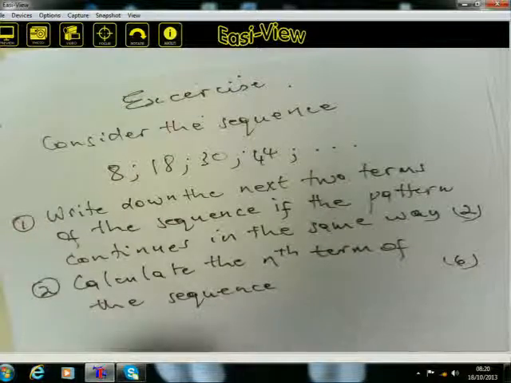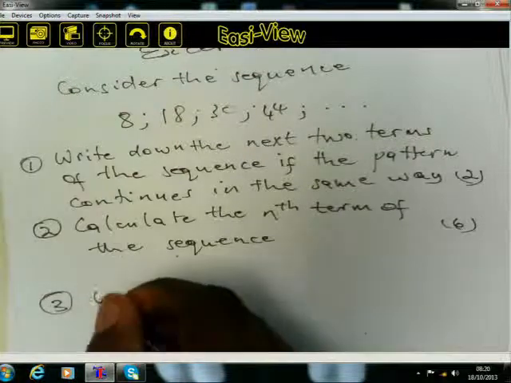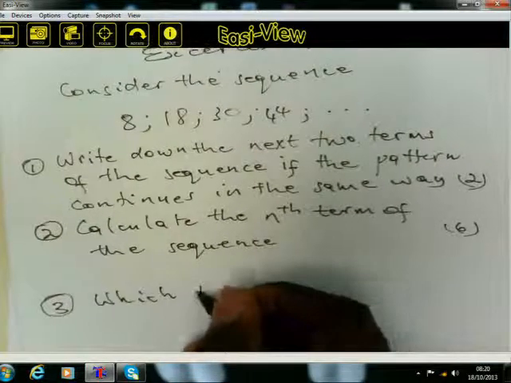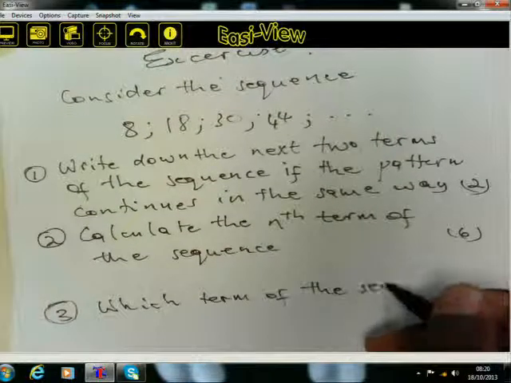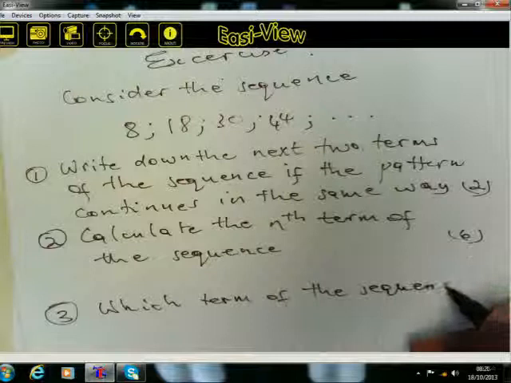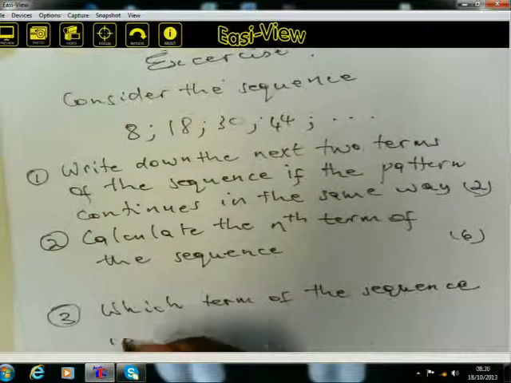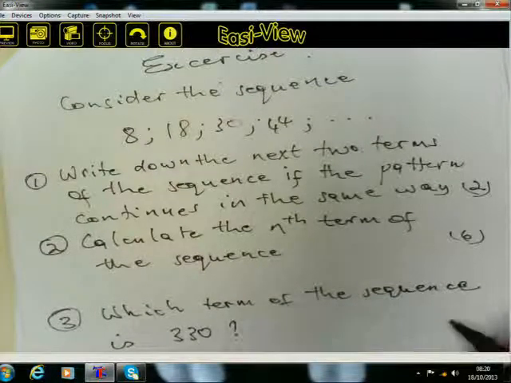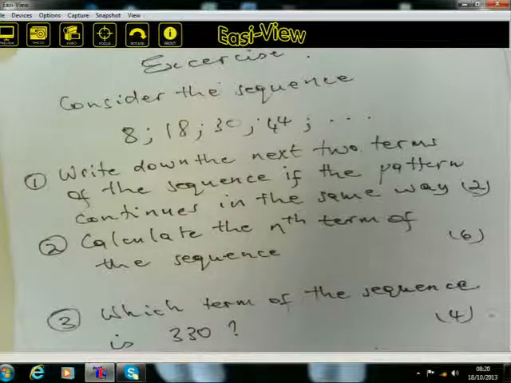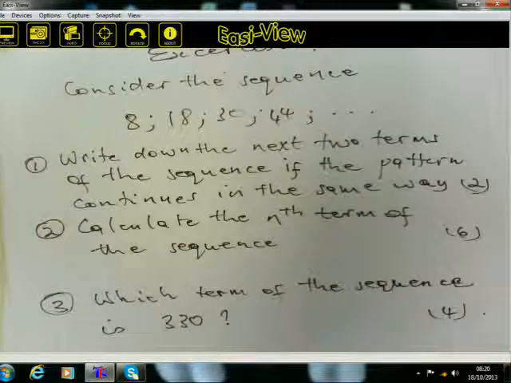And then number 3, which term of the sequence is 330, and you get 4 marks. Alright. Now for this, I'm just going to give you plus minus 4 to 5 minutes.